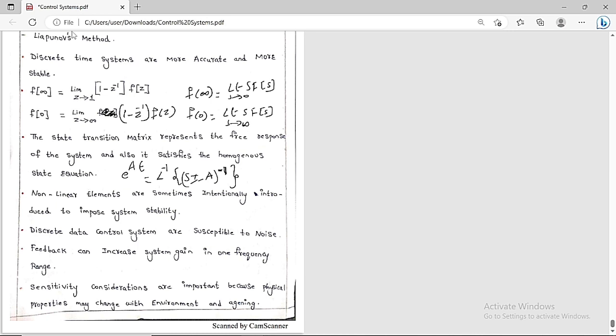And I have already told you, the sensitivity for parameter changes in the feedback is always greater than the sensitivity for parameter changes in the plant transfer function.